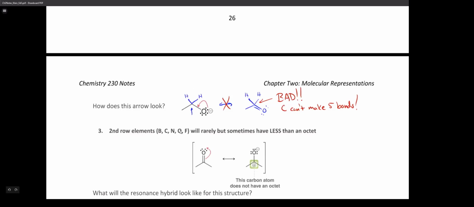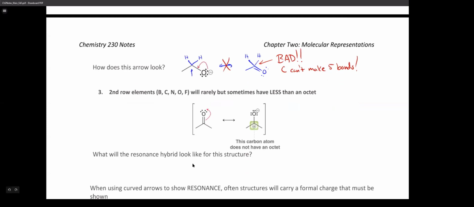Although second row elements would like to have an octet, it is sometimes possible that they don't. So this is technically acceptable because where are the electrons moving? They are moving towards oxygen. Are you violating the octet rule? Excuse me, are you exceeding the octet rule?